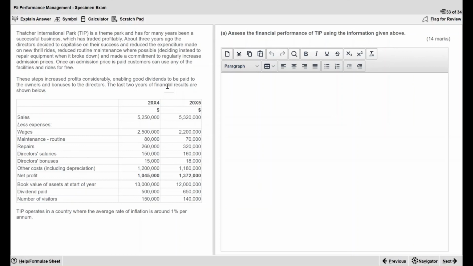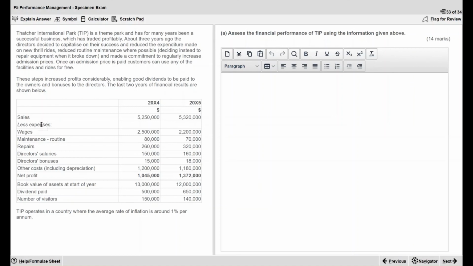Once an admission price is paid, customers can use any of the facilities and rides for free. These steps increased profit considerably, enabling good dividends to be paid to the owners and bonuses to the directors. The last 2 years of financial results are shown below.